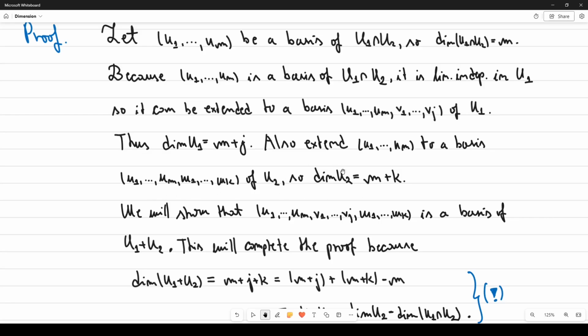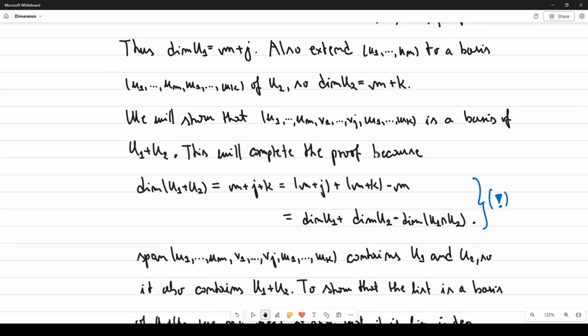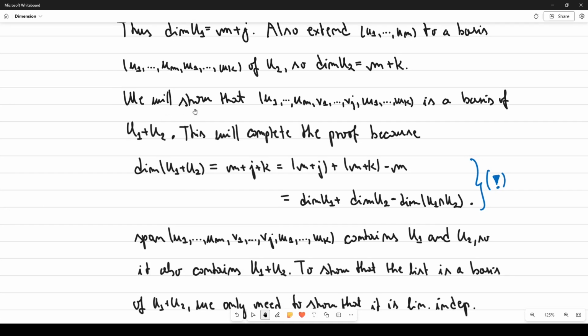So the dimension of U2 will be equal to m plus some k. To show that the above equation holds, we will show that this list, so all of the vectors, is a basis of U1 plus U2.